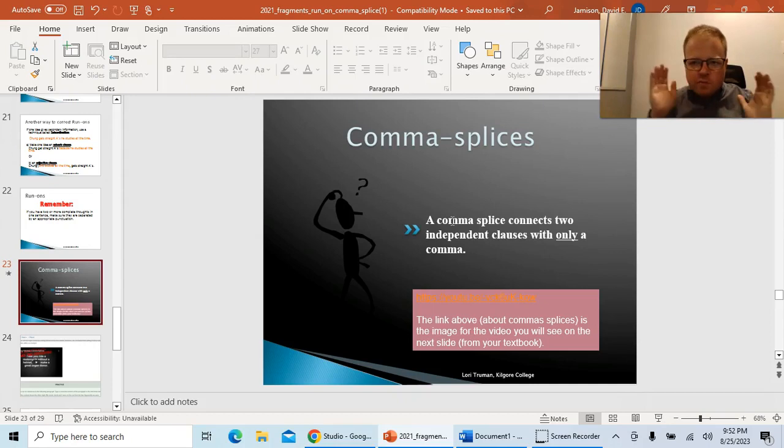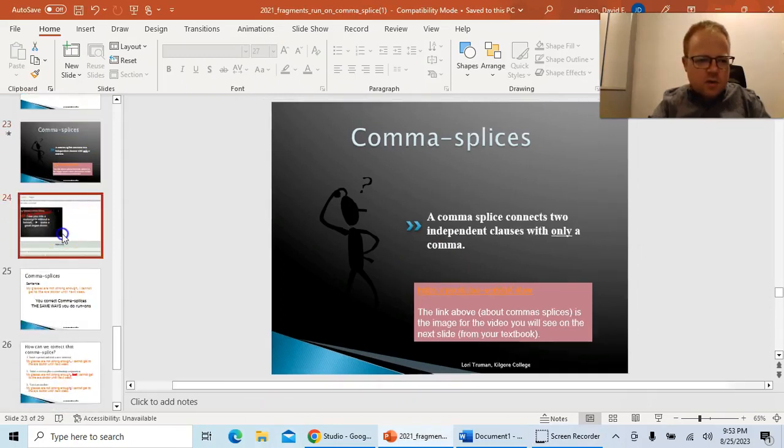Commas are for breaking up parts within a sentence, and periods are for showing when a sentence starts and when it stops. So if you're getting a lot of comma splices, then you should be replacing those with periods most of the time. Comma splices connect two equivalent clauses with only a comma. You can put in a FANBOYS, a period, or a semicolon. Any of those is fine.